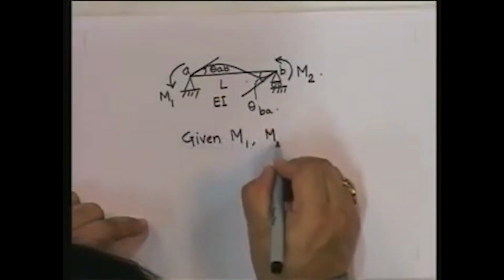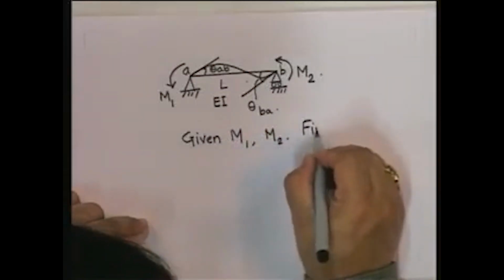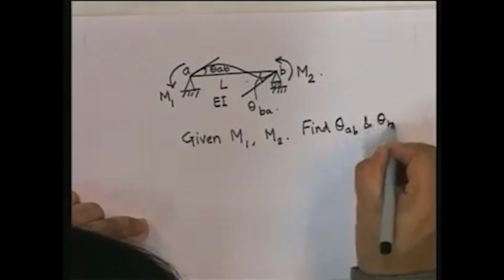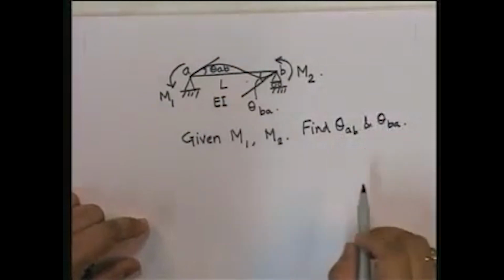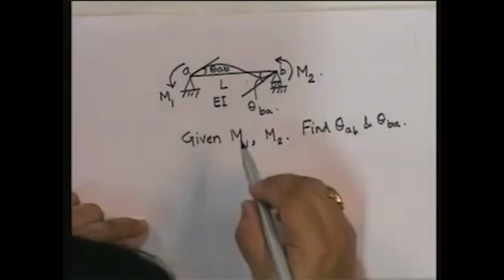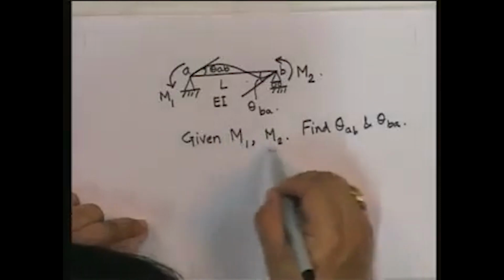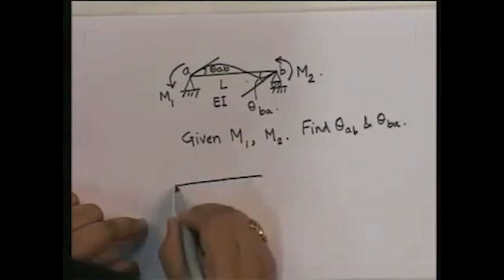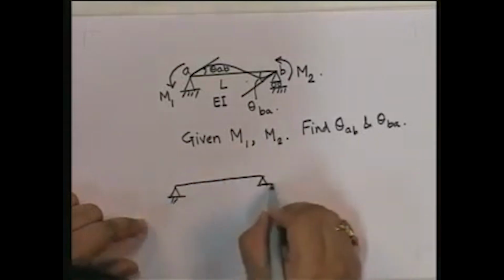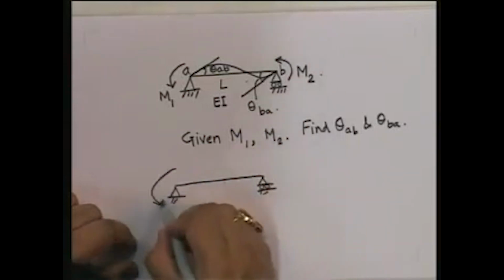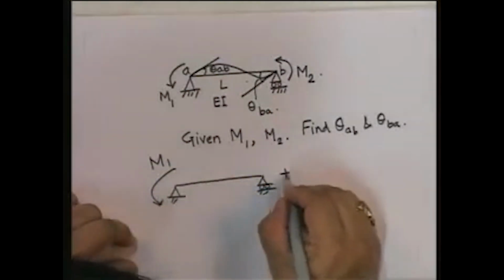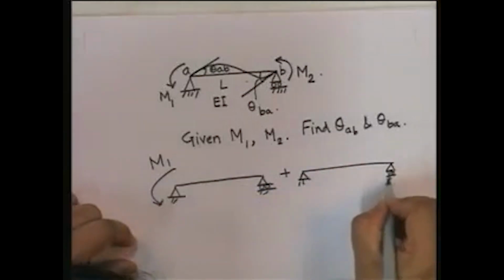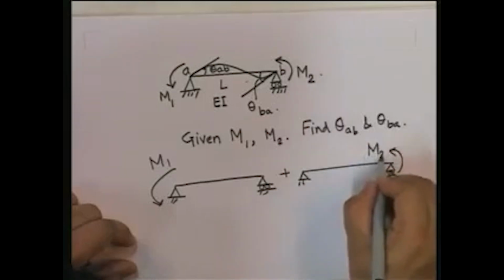M1, M2, find theta AB and theta BA. Okay. Now, what I can do is, again, remember that since I am given M1 and M2, I can consider this structure to be first subjected to M1 plus M2.